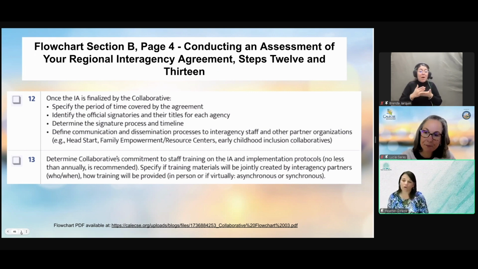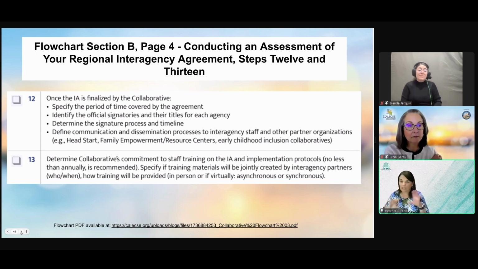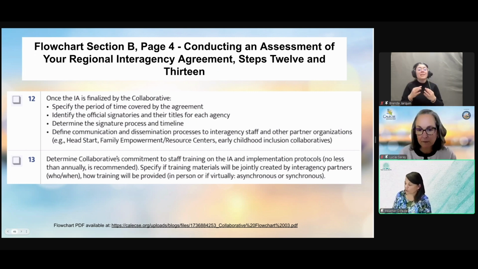How did we communicate across our early Head Starts, our family empowerment centers, and other collaborative partners? And as I shared earlier, that training that's taking place, how are we all agreeing on the training and working together? We created a slideshow together that was used at all of the training.